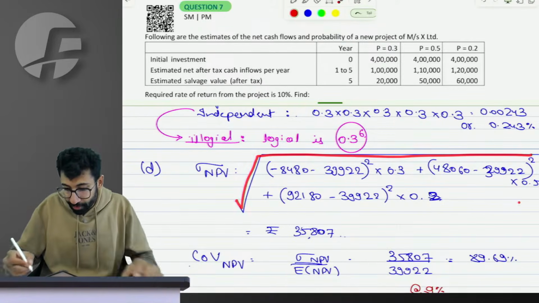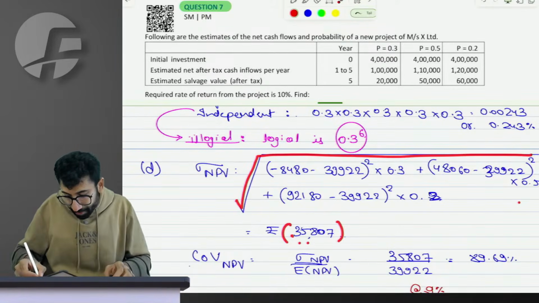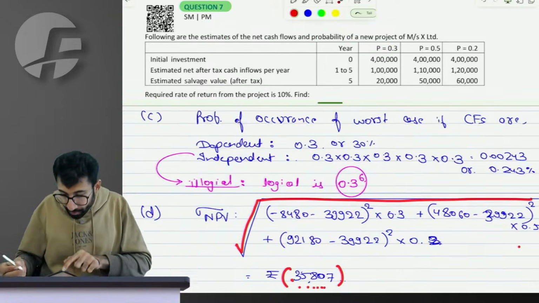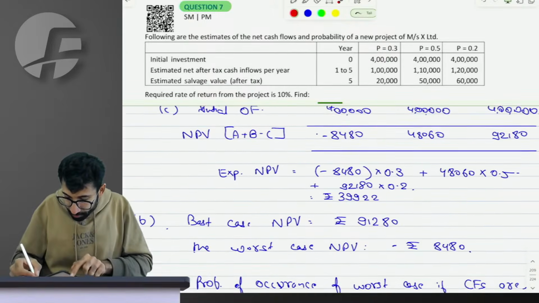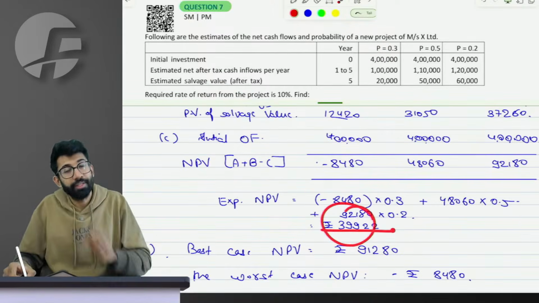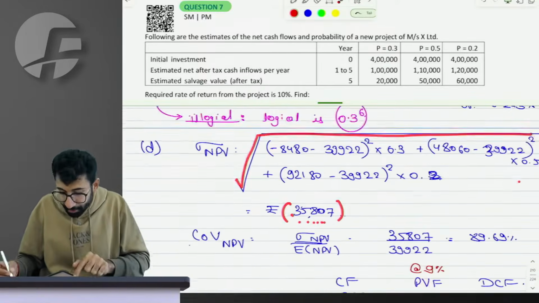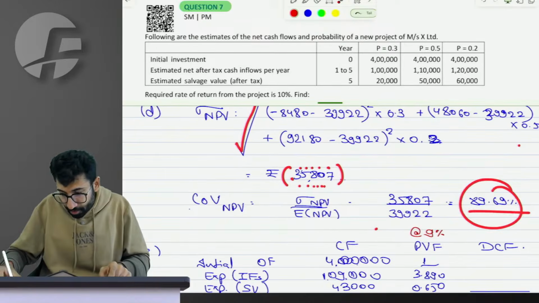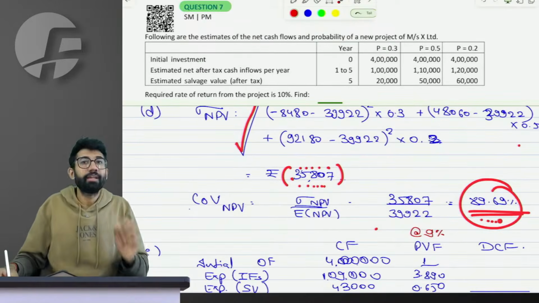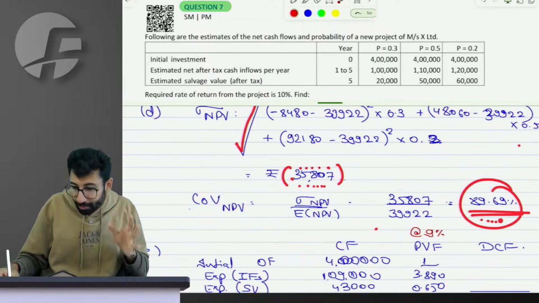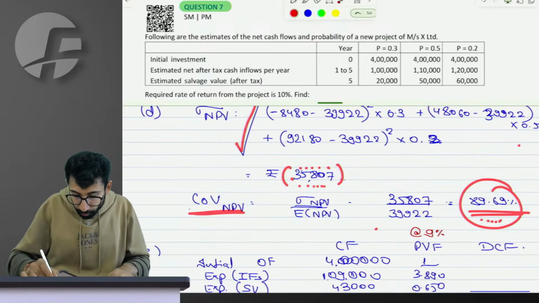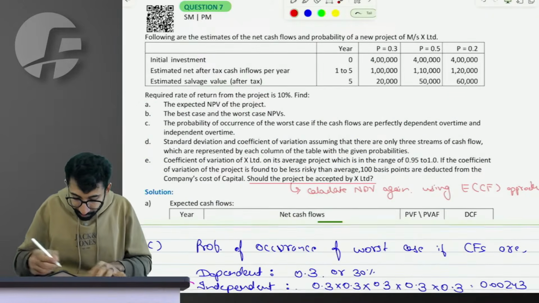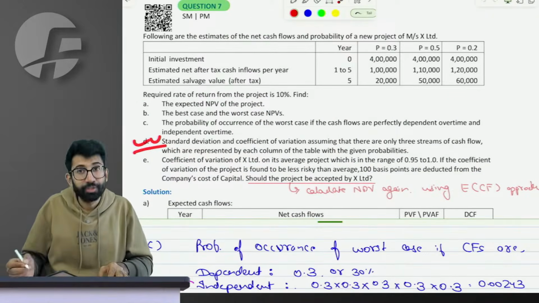When you solve it, you get 35807 as the square root. So the expected NPV, which is 39,000, can deviate by 35807, which in percentage terms gives you a deviation of 89.69%. People in the class, that is the coefficient of variation of NPV, so part D of this question gets done.